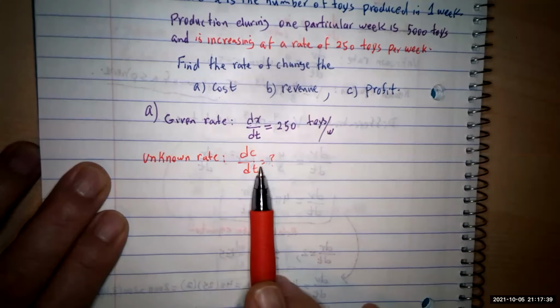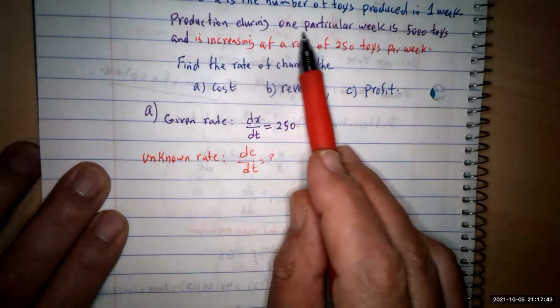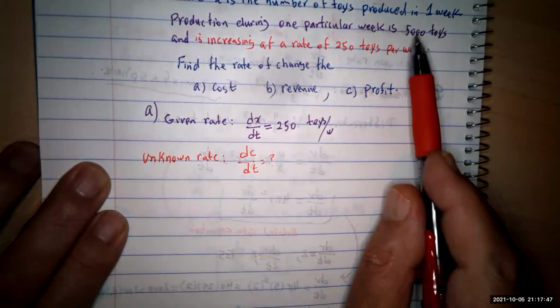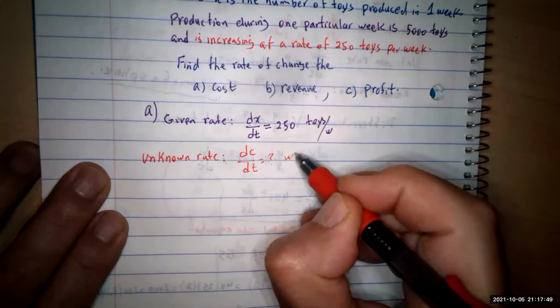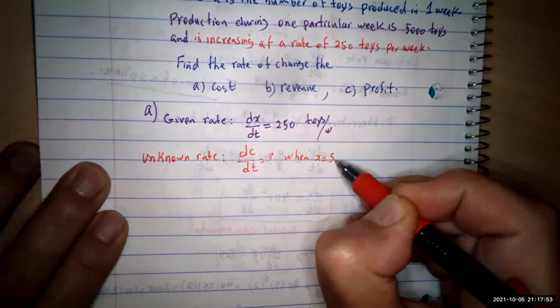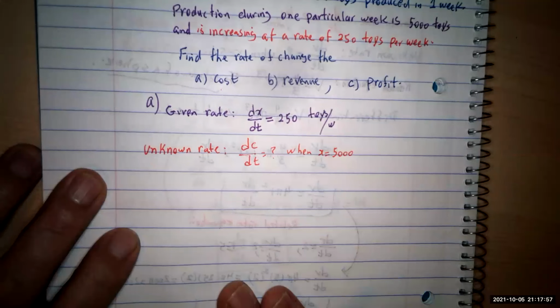So any more information? When you want it at a particular week, the production is 5,000. So for all these problems, we have to look for these numbers, 5,000. That's it.